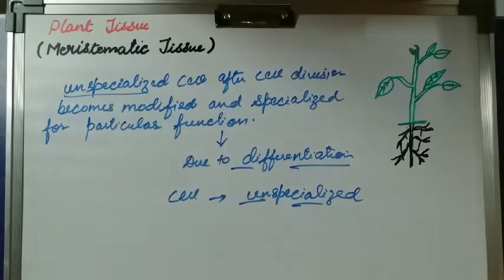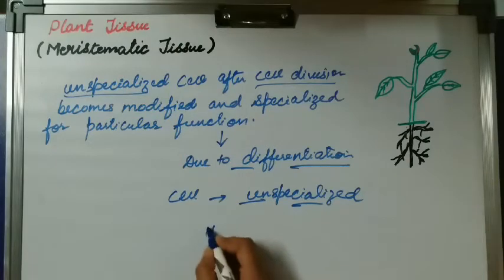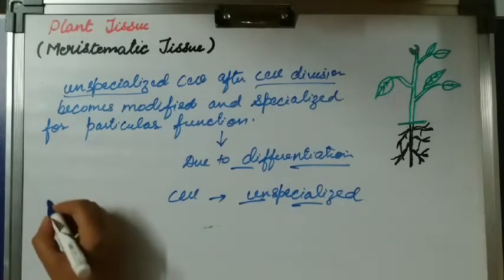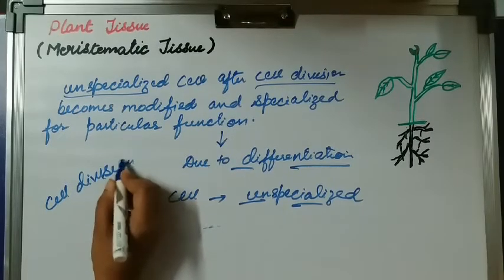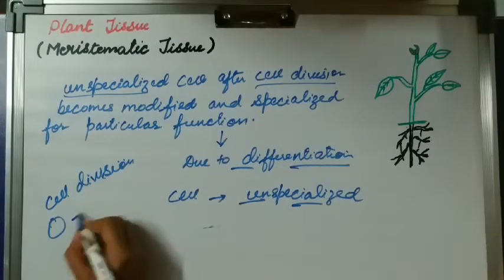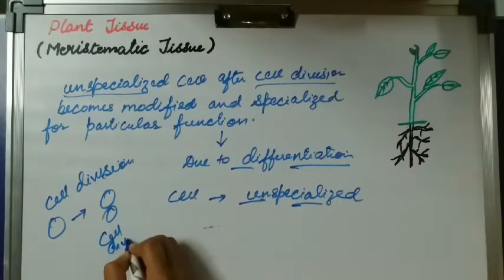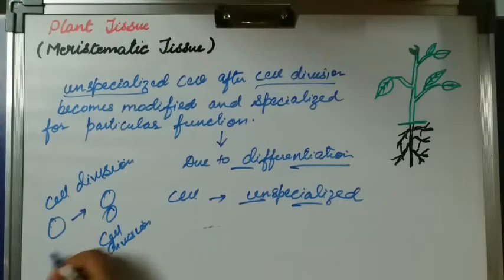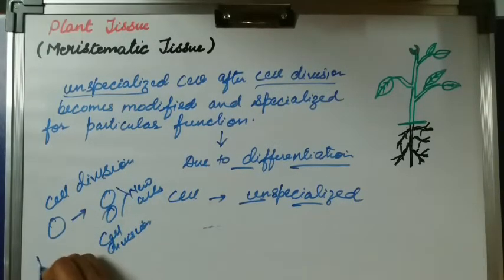The unspecialized cell after the cell division. You can see here like this. Cell division. This is a cell. It will divide into two. Suppose cell division taken here. These are the new cells. This is the parent cell.